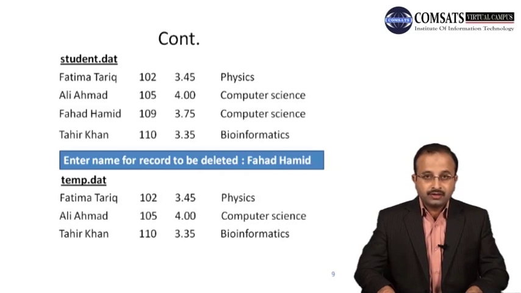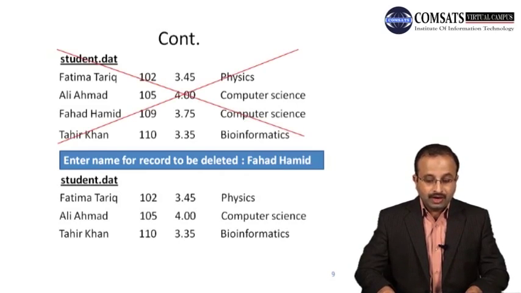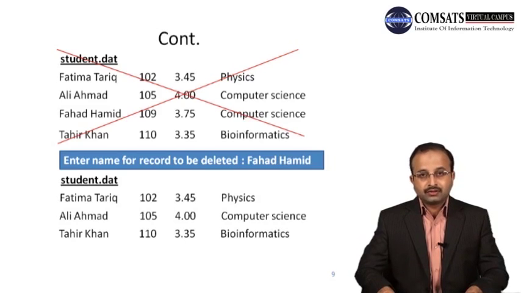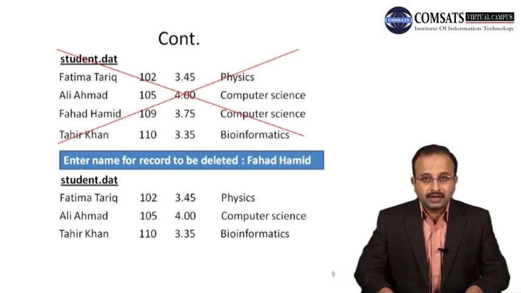Then the reading process is finished, you close both the files, then you rename the temporary file, and before renaming you have to make sure that you delete the original file, because it's not possible to have two files containing the same name in the same folder. Okay?